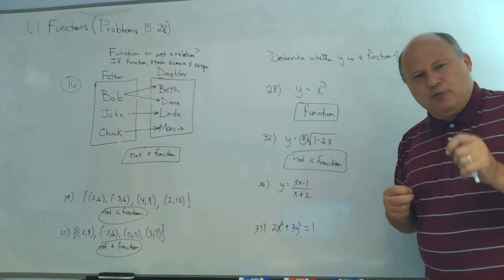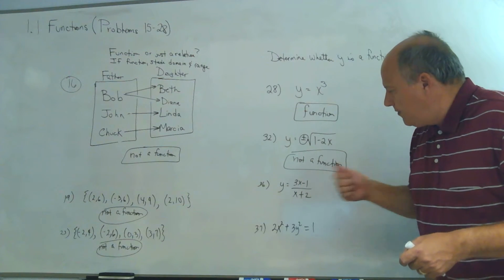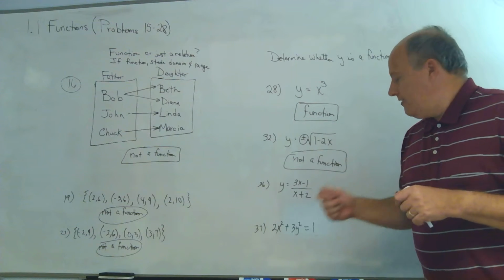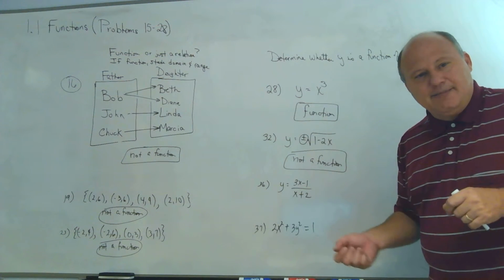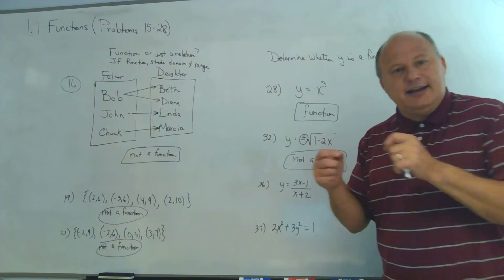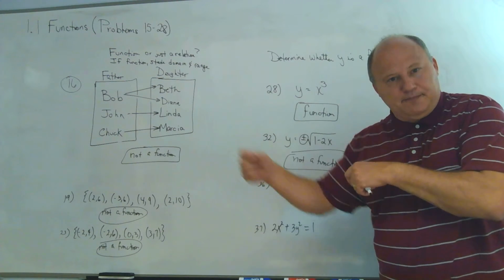But you're like, wait a minute, what happens when you put in negative 2? If you put negative 2 in, 3 times negative 2 is negative 6, minus 1 is negative 7, and negative 2 plus 2 is 0. You cannot divide by 0, you don't get an output at all. Remember, not getting an output is not a problem. It's getting too many outputs.